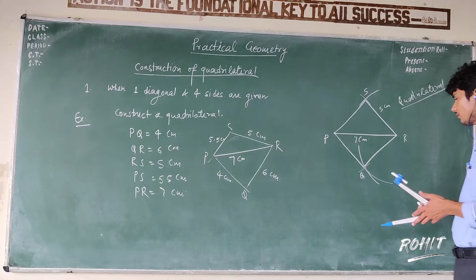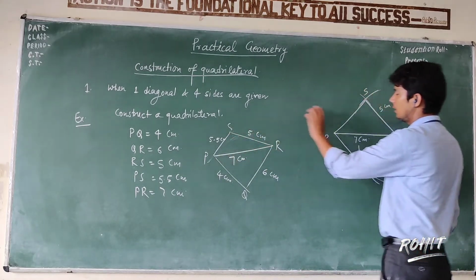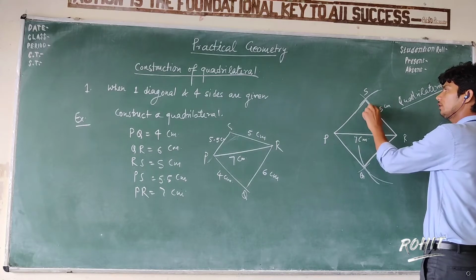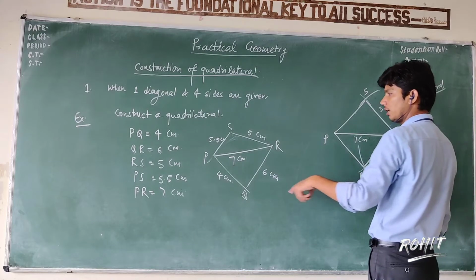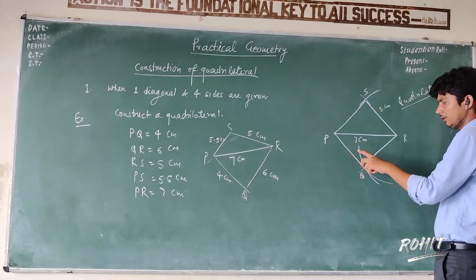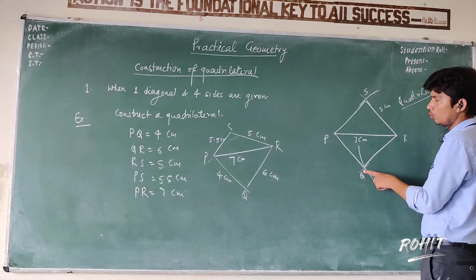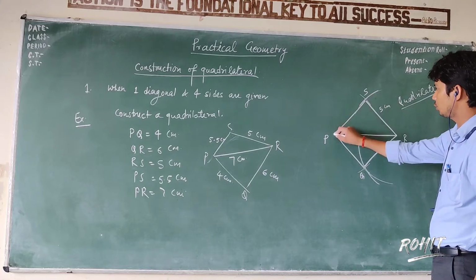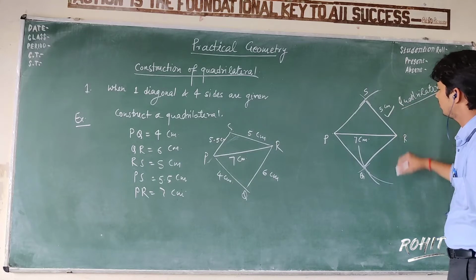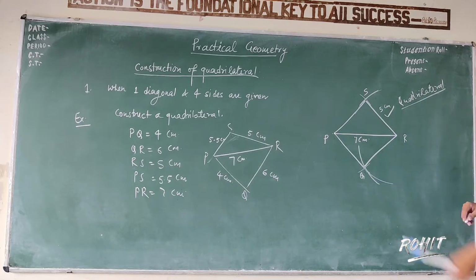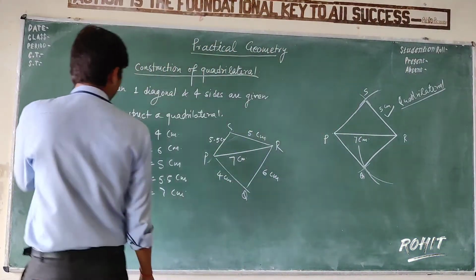Now taking P as center and taking 5.5 centimeter length, draw an arc which intersects the first arc at S, and again draw another arc taking 4 centimeter length in the compass and that intersects the second arc at point Q. Now join the point S to P, S to R and Q to P, Q to R. So in this manner we will get our quadrilateral PQRS. So this is your first construction.